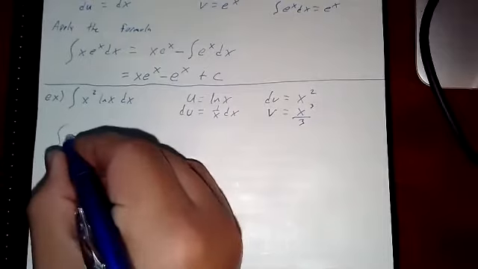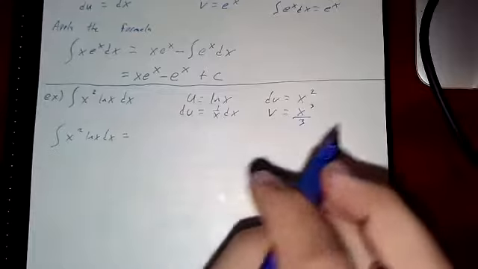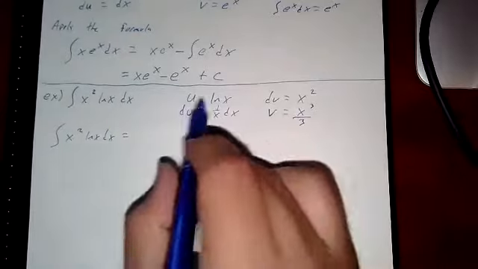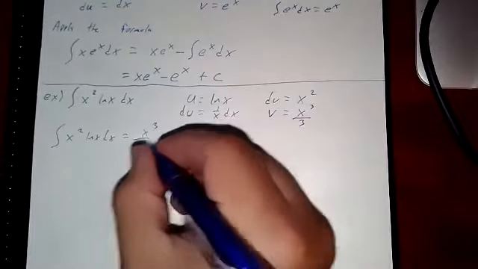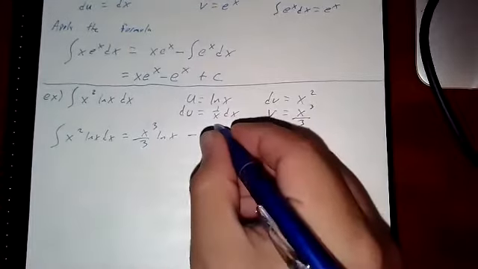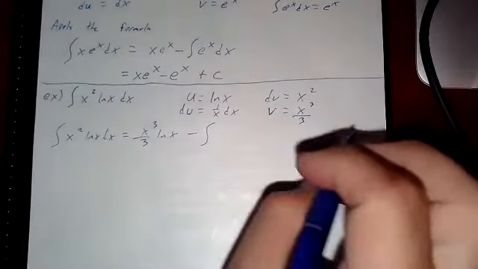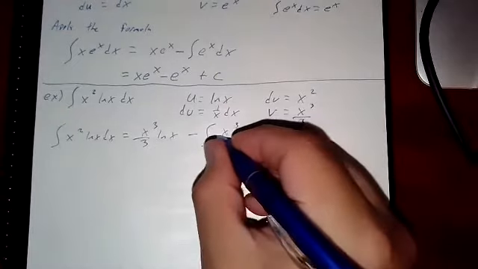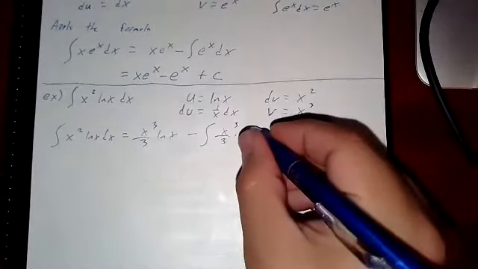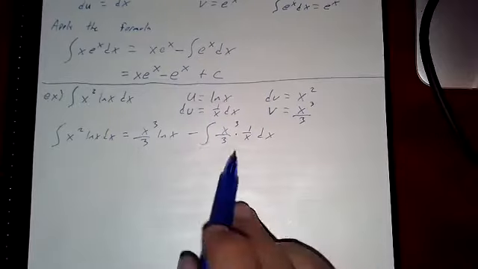So the integral of x squared ln x dx is equal to u times v, which is x cubed over 3 ln x, minus the integral of v du. And this doesn't seem too bad, right?